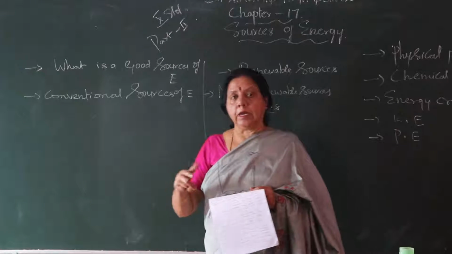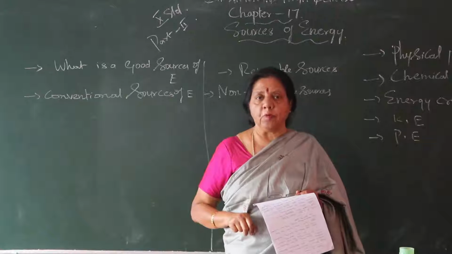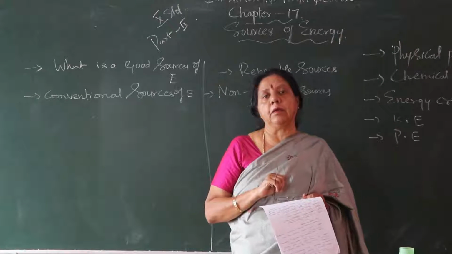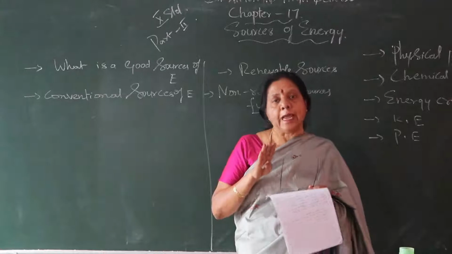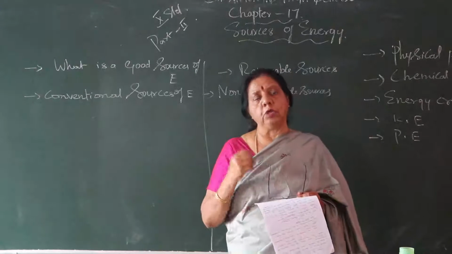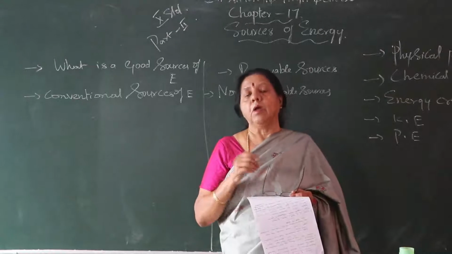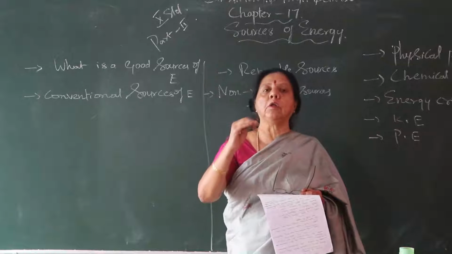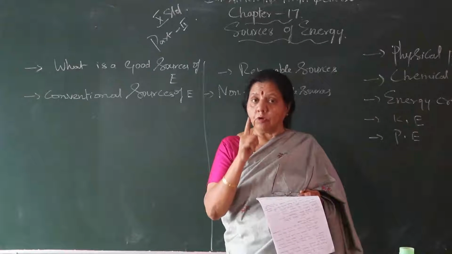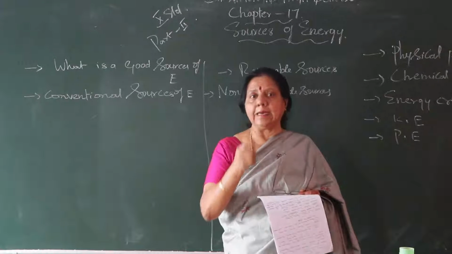Suppose a river is flowing very fast, there the current is produced. For example, if you take a bath in stagnant water, it is very cold. In running water it develops heat, isn't it? Out of flowing water also, current is produced. And out of that only, even now we are producing electricity.